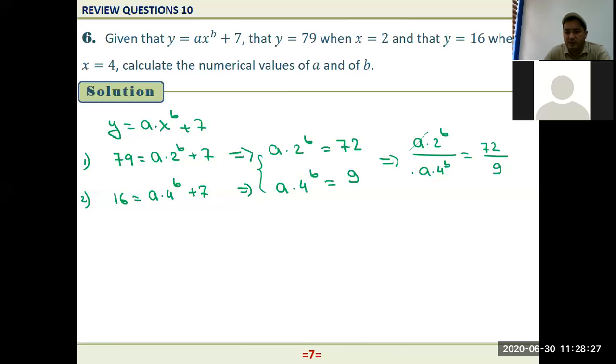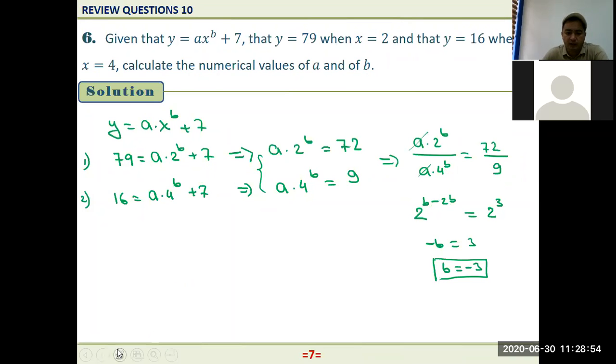This a is a common factor, so they cancel each other. We have 2 to the power b over 2 to the power 2b, and 72 over 9 is 8. 8 is 2 to the power 3. So from here, b minus 2b is minus b. So minus b equals 3, so b equals negative 3.